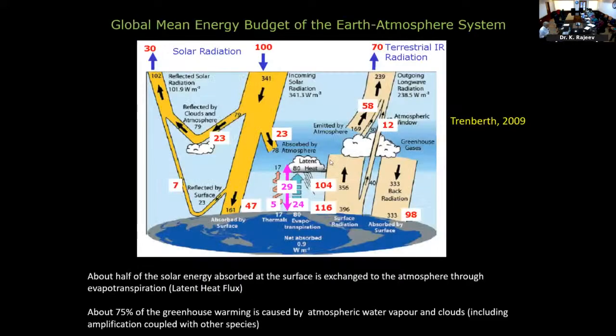This we discussed yesterday. Why I kept it here? Because now we are going for clouds. For clouds, I thought this is important. I will not go again more into what we discussed already. All what I want to tell here is, yesterday we were telling that only 47 is coming here, 23 is absorbed. In this absorption, there is a good fraction that is coming from the clouds. While going out, 116 is emitted, 104 is absorbed by the cloud.